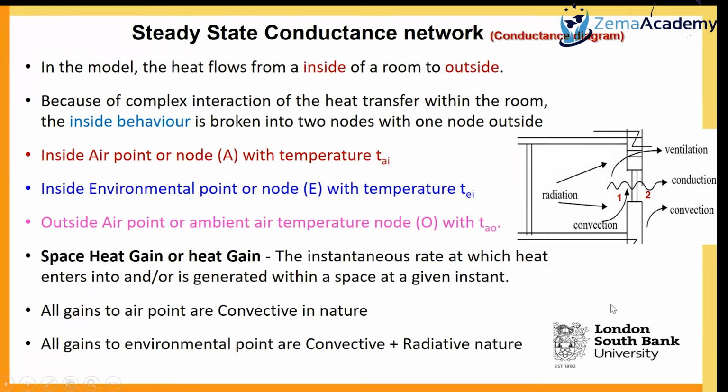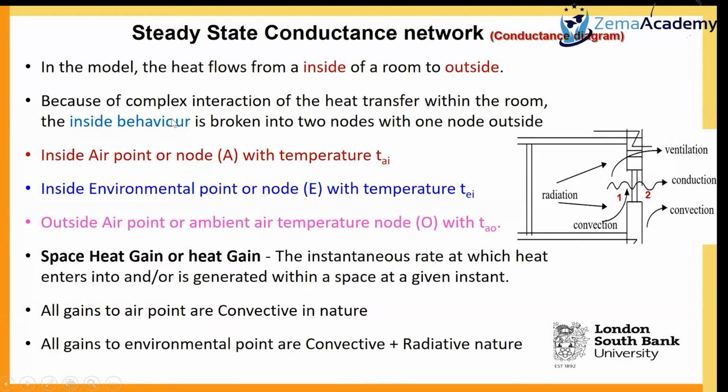So this slide is showing you some of the assumptions that I will be using. For example, like in the earlier simple model, the heat flow will be from inside of the room to the outside. And because there are multiple heat transfer processes that will be taking place in this room, I'm going to break the heat transfer processes within this room into two parts.